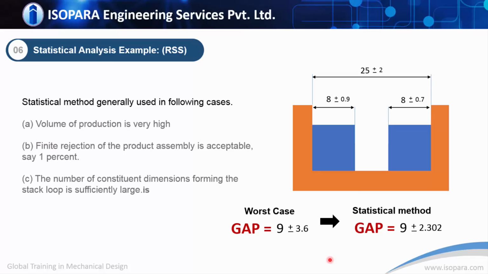This method is also favorable when there are many parts forming a given assembly, because at such a point the probability that all the components have dimensions going to their worst will be very rare. Hence, here we have completed this chapter with a basic introduction of methodologies and tolerance stack-up types.